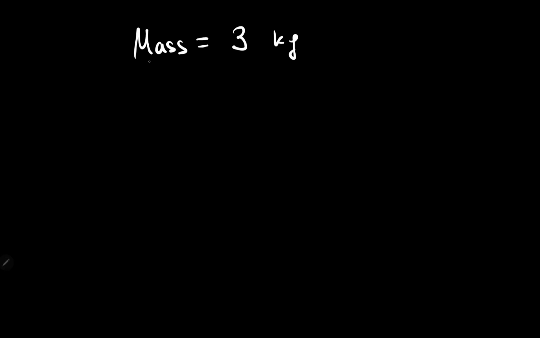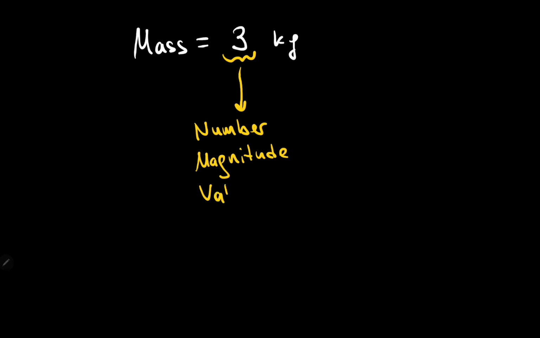Mass is a scalar. What is a 3? 3 is a number. Or it has a special name. Sometimes we call it magnitude. Or just value. Yes, it's number, magnitude, value.